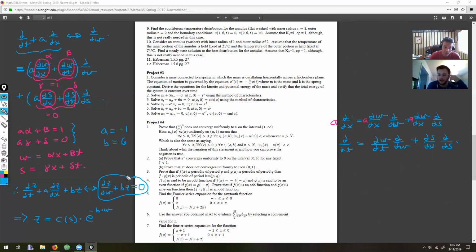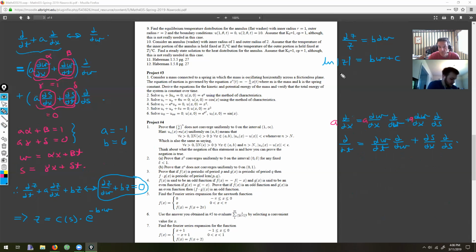We do that with separation of variables. So you take this equation, and when you separate out the variables, you get partial Z over Z equals B partial W. Now when you integrate, you get the ln absolute value Z equals B W plus some constant.